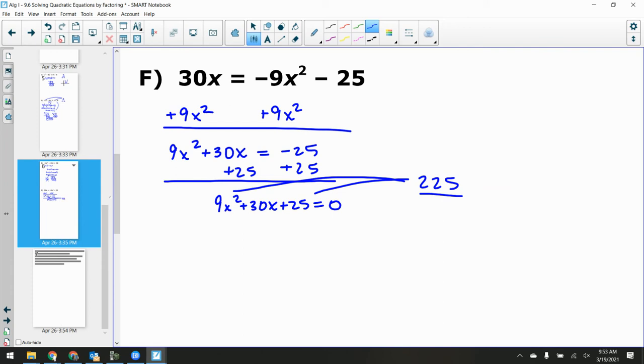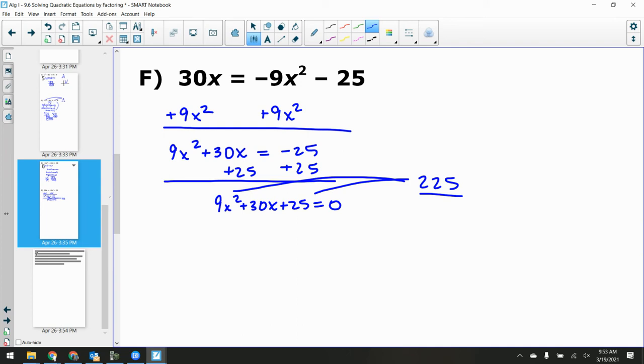Jake, why did you add the 9x squared and not like the last problem you did? I don't know how to explain it enough. You added 9x to this.